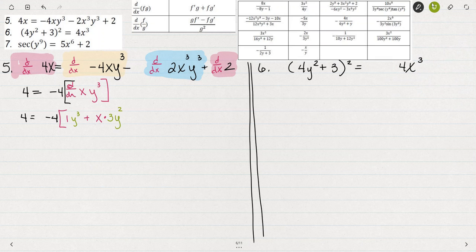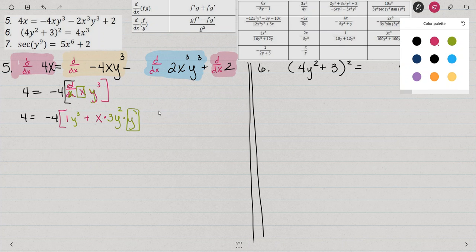But don't forget to chain, because then I have to do times y prime, right? Because when I do the derivative of x with respect to x, that's just 1. But the derivative of y with respect to x, I've got to remember to include the y prime, the chaining.